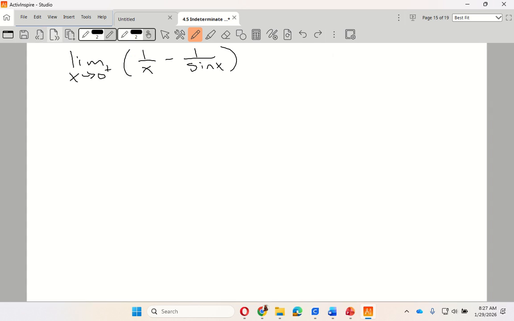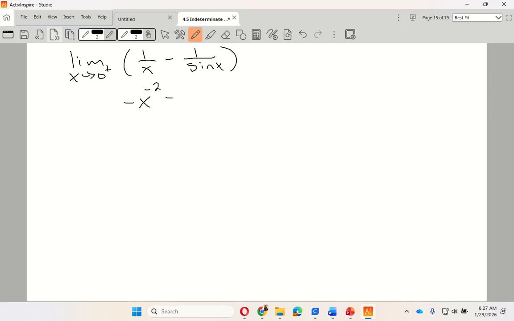I'm going to take the derivative of each. So the first one right here is going to be negative x to the minus. What's the derivative of 1 over sine?